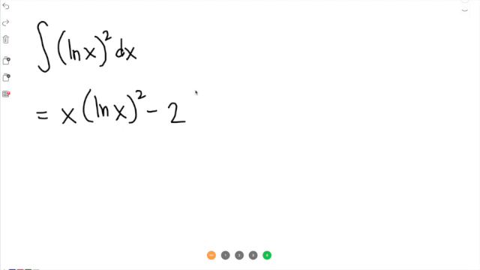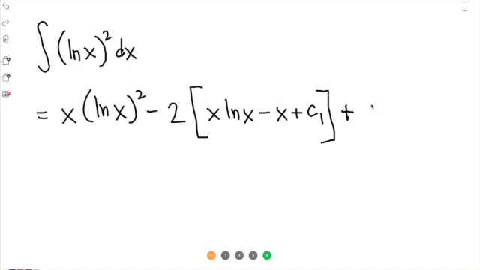So that's 2 times x ln x minus x plus c1. Again, we evaluated an indefinite integral, so we need to have another constant of integration. Let's call it c2.